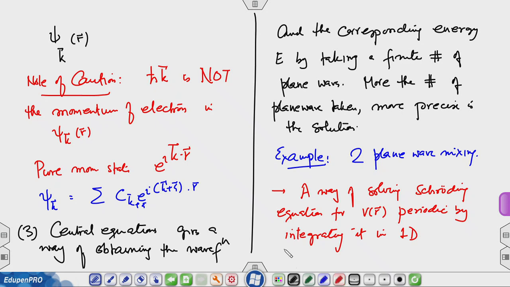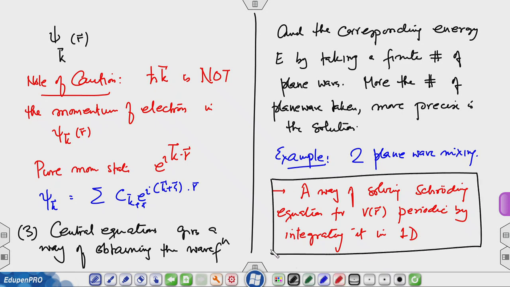This is something I had developed, and I would like you to solve it. It gives you a solution just like you solve for atoms or molecules by integrating the Schrodinger equation. We will be doing that also. It is an interesting way of solving the Schrodinger equation. So, there are 2 ways you can solve it. I will give you both the problems in the assignment.